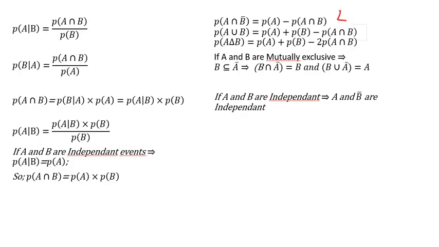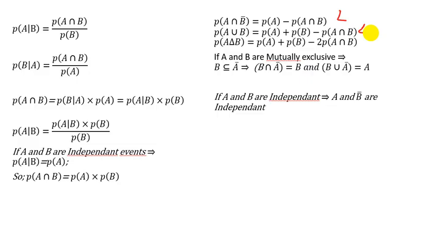Now the second operation here, the probability of the union of A and B. We also saw this: it is the probability of A plus the probability of B minus the intersection.